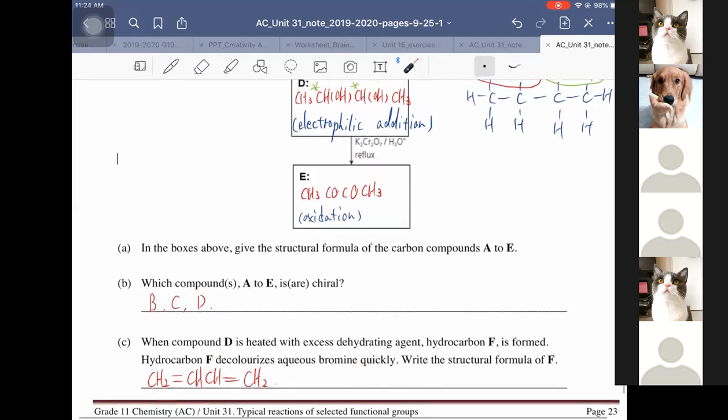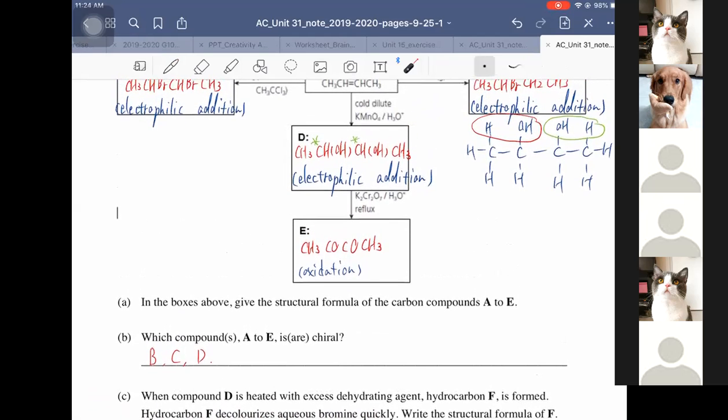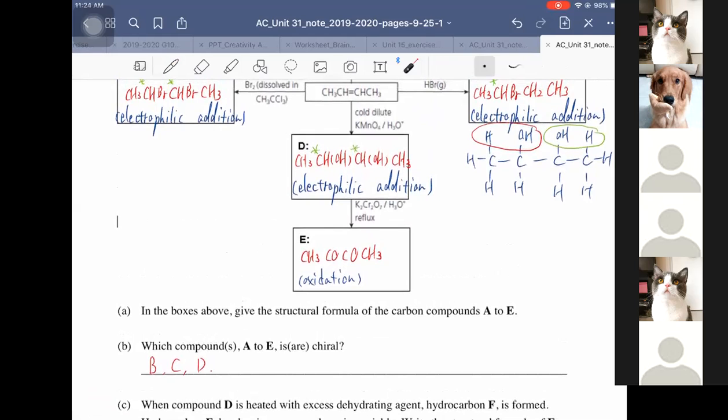So dehydration of alcohol, we have learned: we remove water, removing one of the hydrogens next to the hydroxyl group. In this case, because we have a diol, we can remove two water molecules.